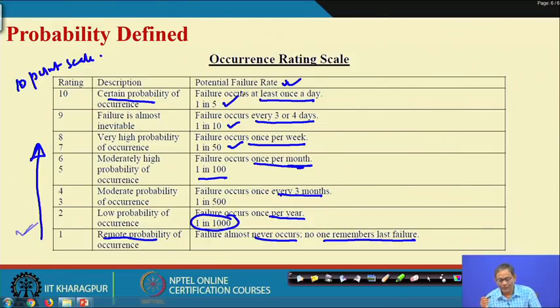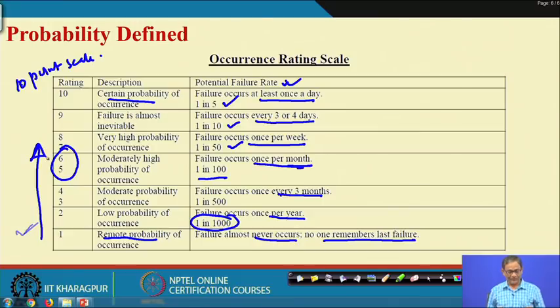So, you must have this experience, and when you are doing FMEA analysis for your system, whenever you are considering a component, you see what the failure rate is and under which category it is falling. If you find that failure occurs once per month or 1 in 100, you can put 6 or 5 depending on that.